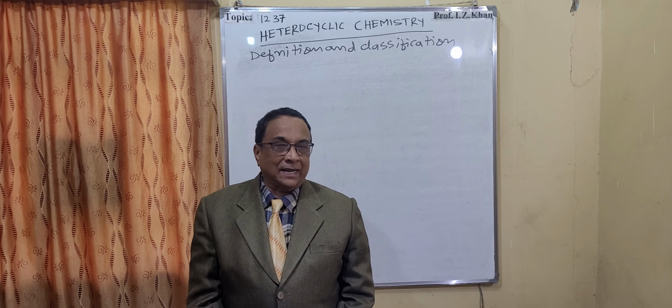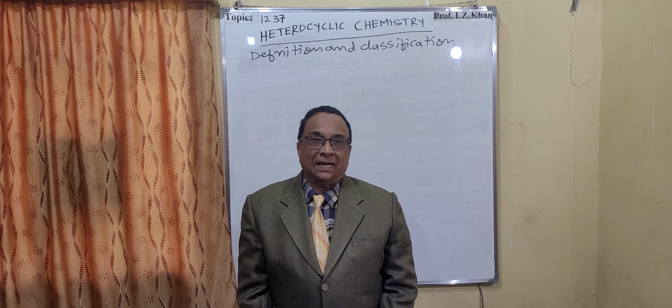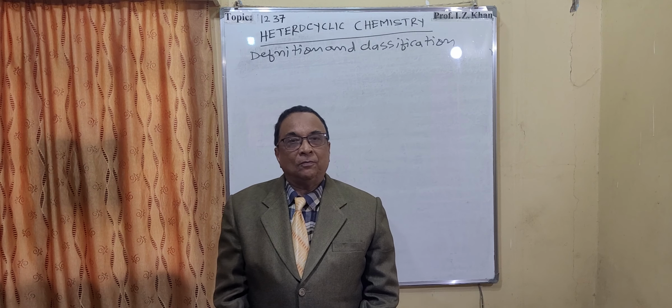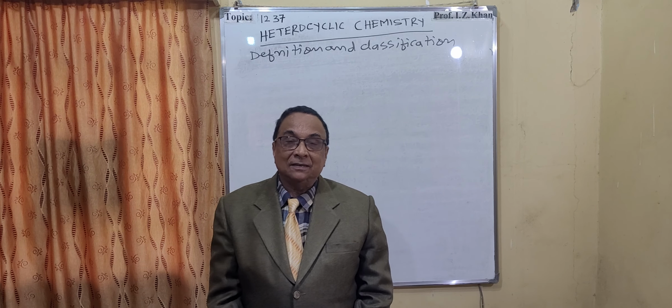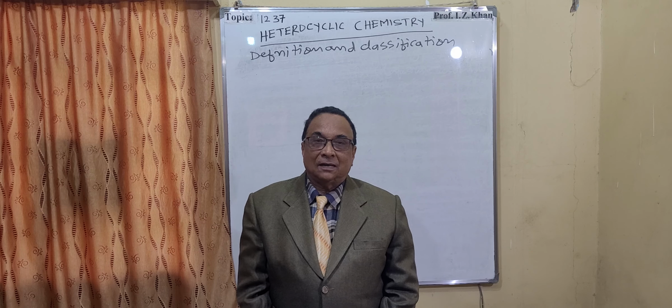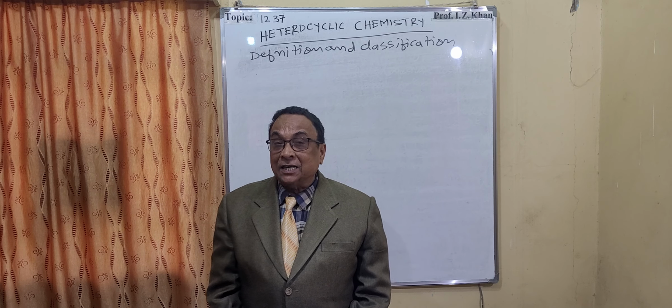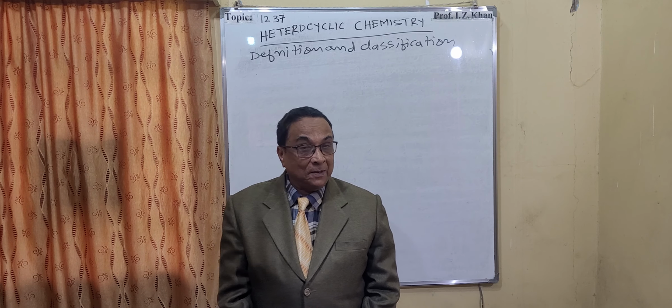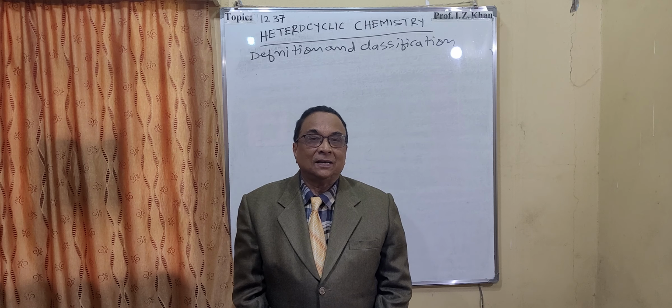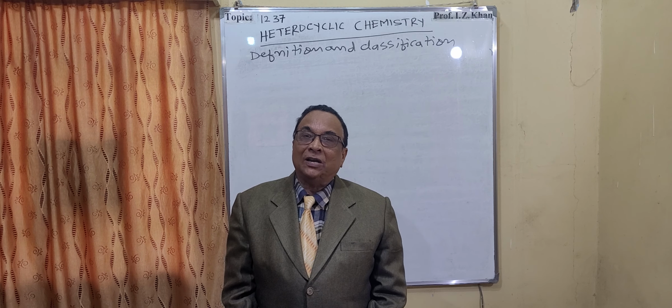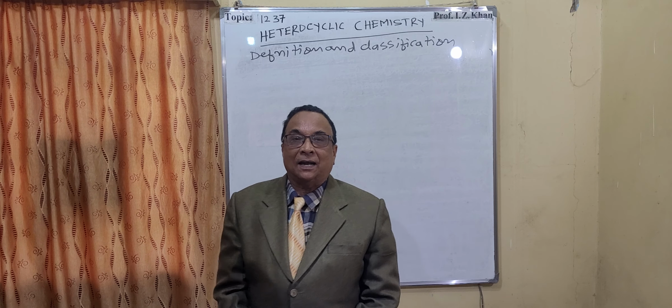So once we are talking about heterocyclic chemistry, first we have to go to the carbocyclic nucleus. Carbocyclic means whether it is a 5-member or 6-member ring, they are all made up of only one type of atom, and that is carbon.